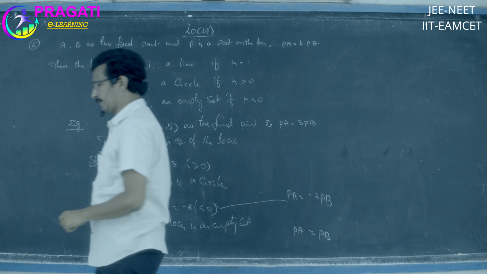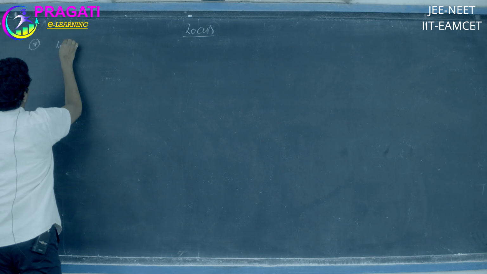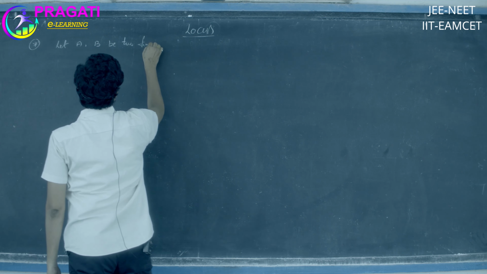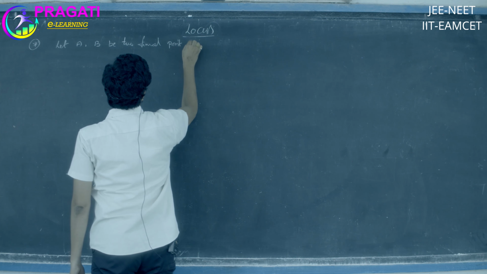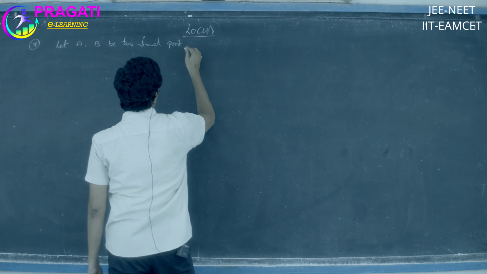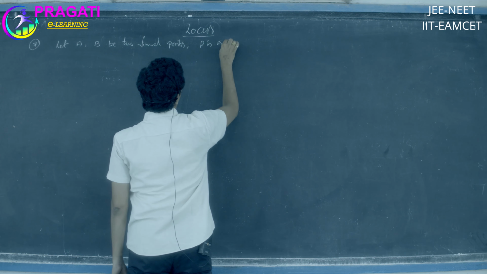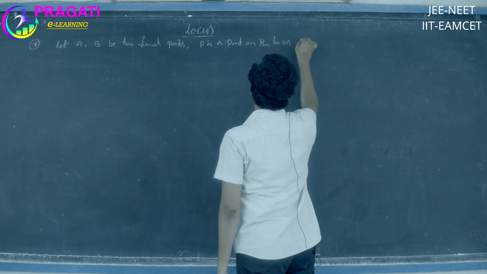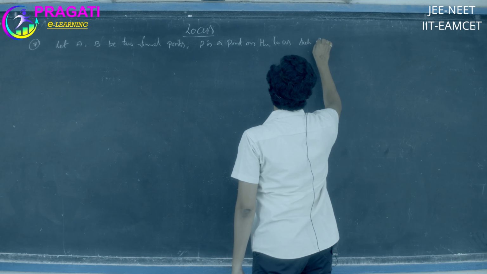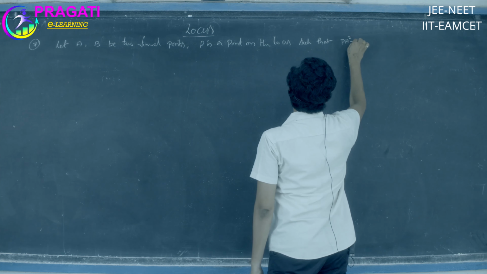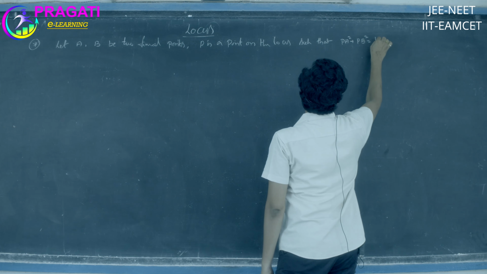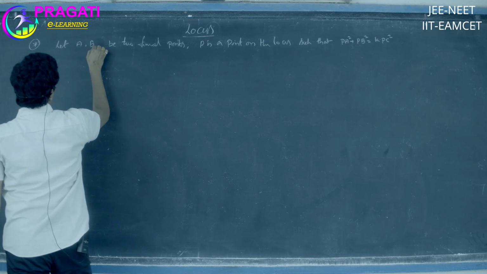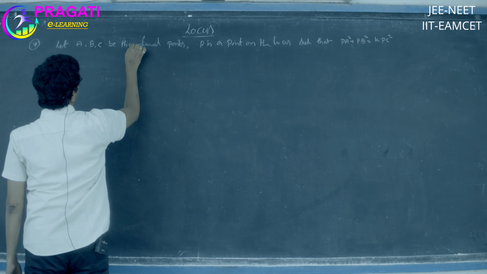And one more synopsis is, the 7th point is, let A, B, C be 3 fixed points.